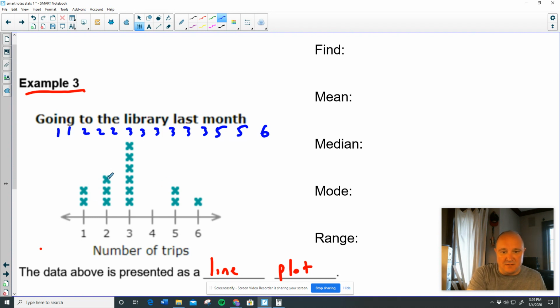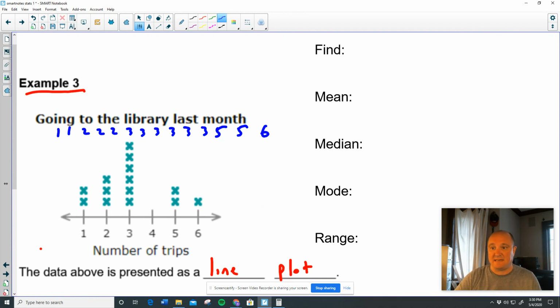Each little column here is showing the frequency of each of the numbers of trips. But this chart has the same meaning as this list. So again, just as with the bar graph, sometimes it's a little easier to just convert it to list form, and then we know what to do.